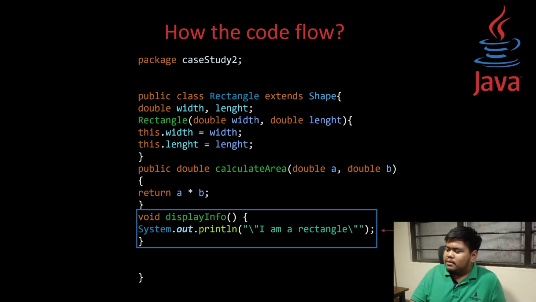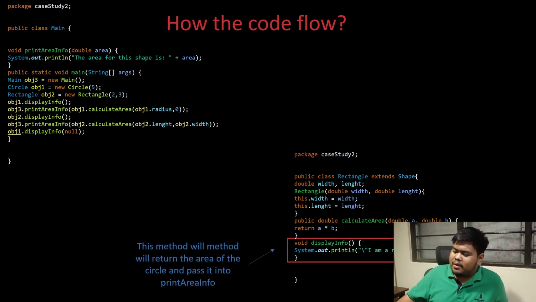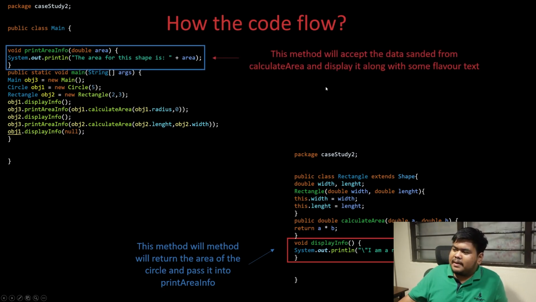So this method is called displayInfo, and we will output "I am a rectangle", and this method will return the area of the rectangle and pass it into the printAreaInfo. And this method will accept the data sent from calculateArea and display it along with some flavor text. Same.